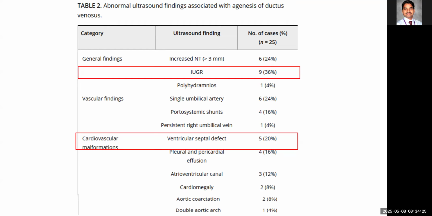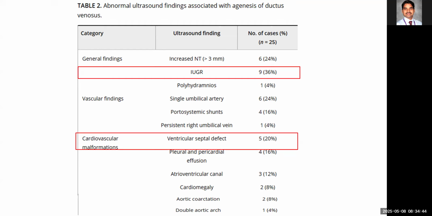General findings include increased NT of more than 3 mm in 6 cases, and fetal growth restriction was seen in 9 cases. Vascular findings like portosystemic shunt was seen in 4 cases, a single umbilical artery in 6 cases.